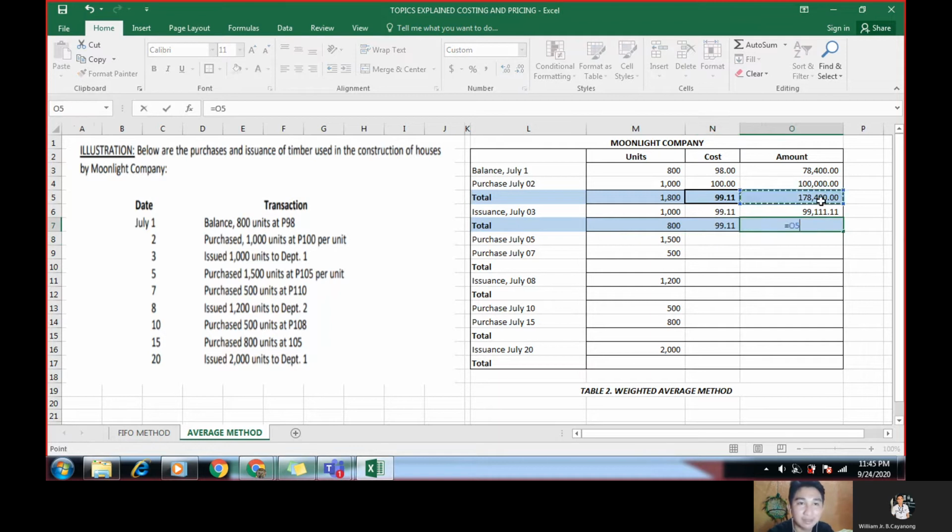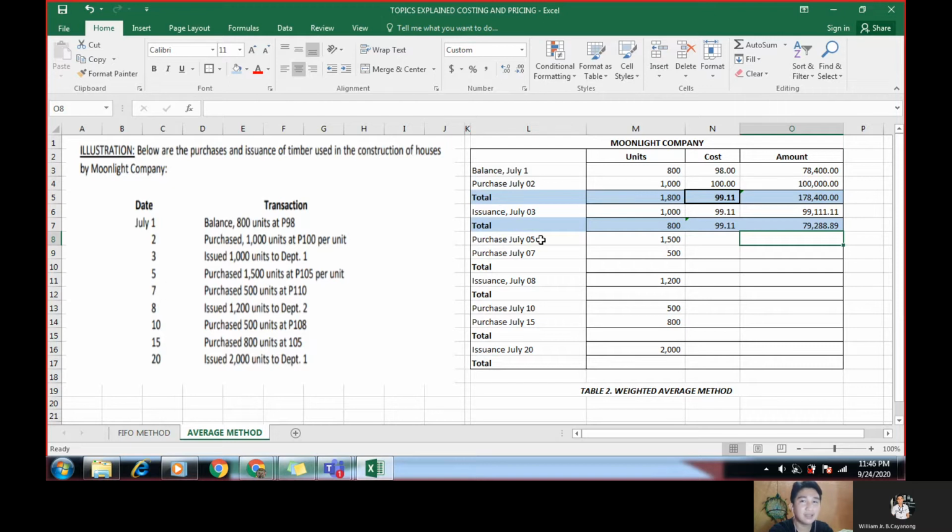Dito, magre-reduce siya ha, from 178,400, na-reduce siya by 99,111.11. So, ang total cost na lang natin ngayon is 79,288.89. Now, on July 5, nag-purchase tayo. Actually, kasunod yung purchases.